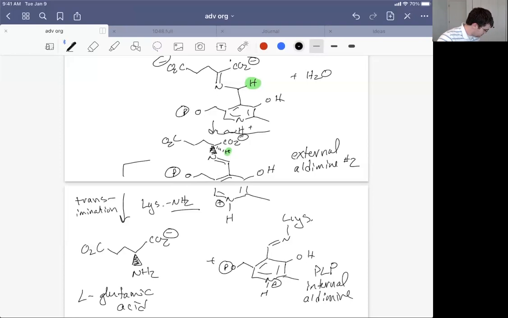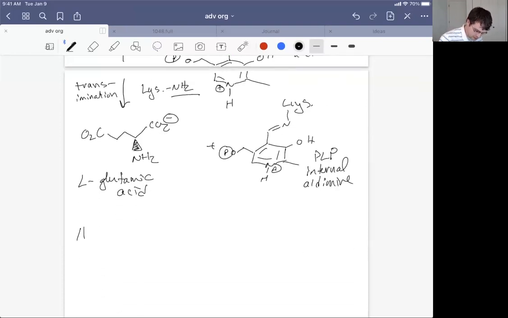Okay, so what can you do with glutamic acid? So how do we get, let's say we don't need glutamic acid for a translation event. We don't need a protein that involves glutamic acid. So we just have a bunch of glutamic acid and our body's like, hey, we need some more alpha ketoglutaric acid, alpha ketoglutarate.